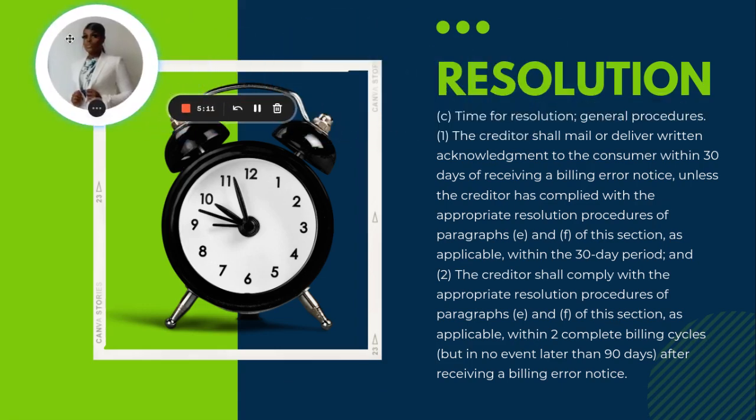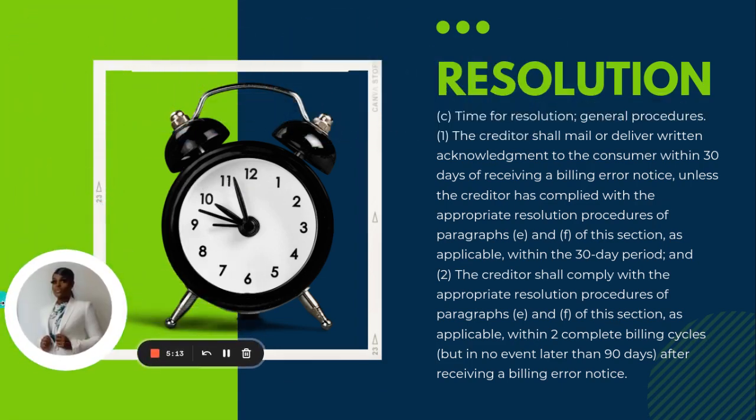Now, when it comes to resolution, there is a time limit that they have to provide you with a response. So 12 CFR 1026.13C gives them a time for resolution.